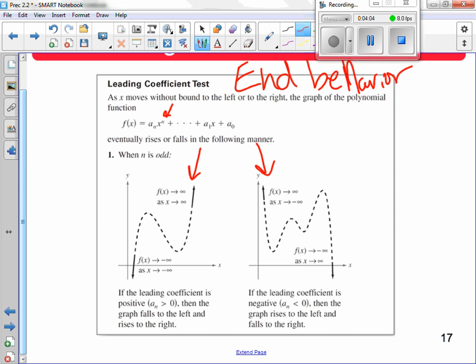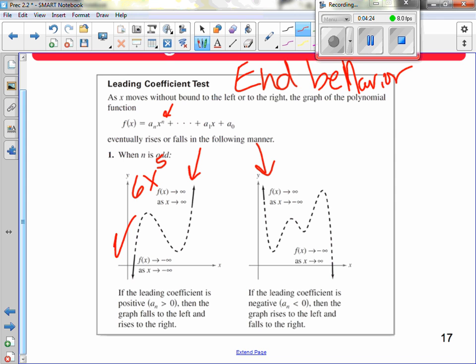If n is odd and the leading coefficient is positive, so x to the fifth, or 6x to the fifth, whatever it is, odd power, positive number, the graph falls to the left and rises to the right.